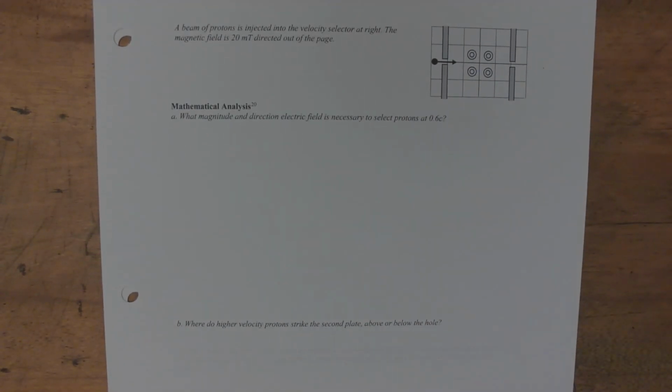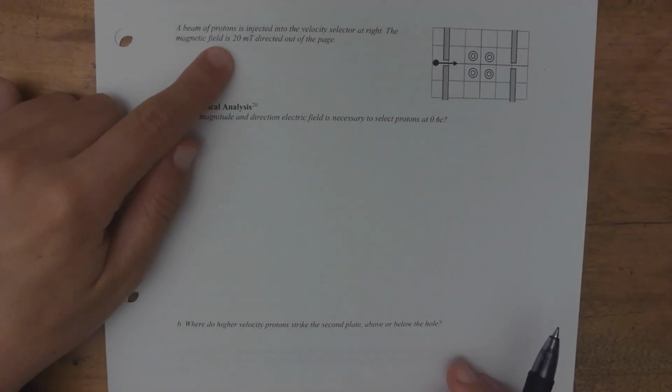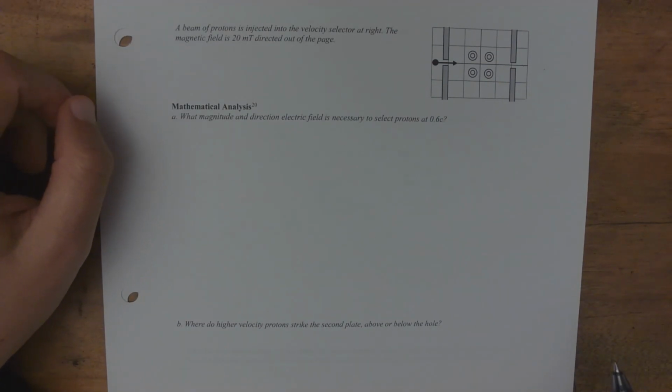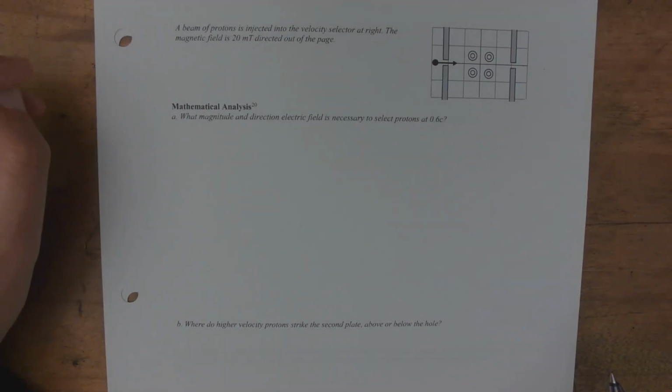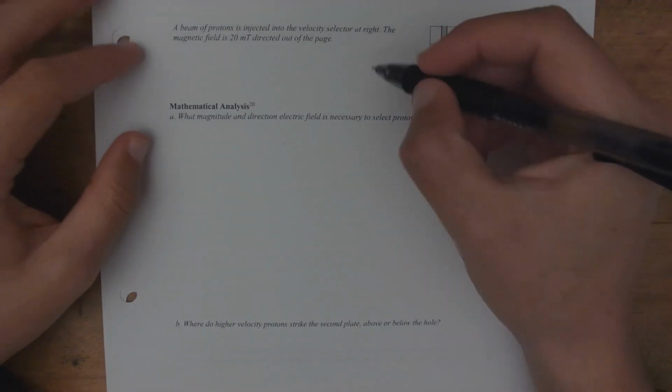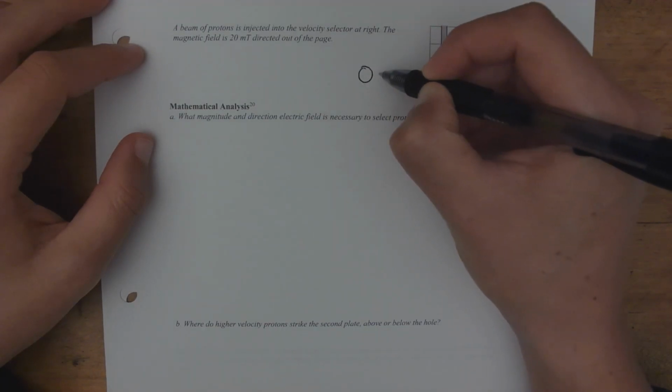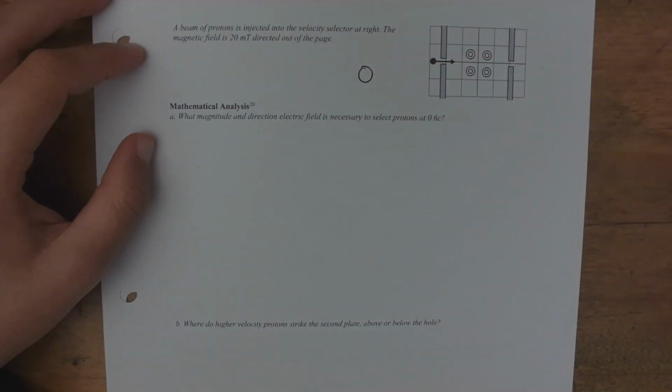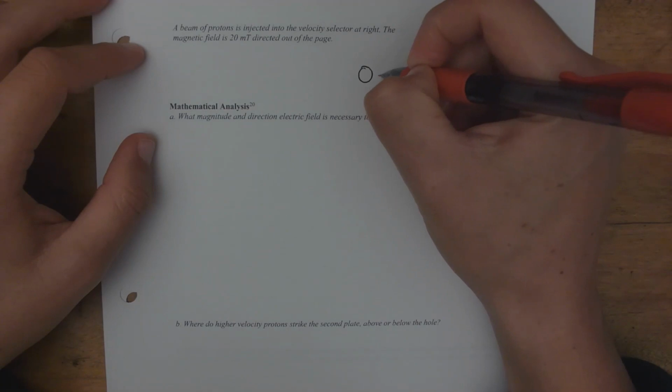forces that are acting on the proton, and we're going to ignore the force of gravity. If you want to calculate it, you will see that it's very small compared to the electric force and the magnetic force. So we have a magnetic force acting on the proton, and the particle is going this way.